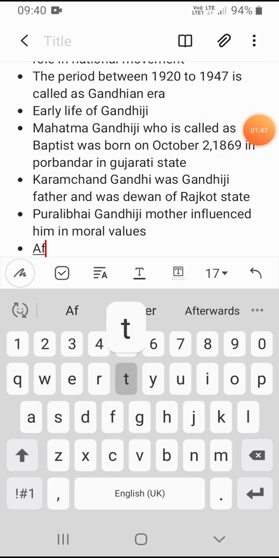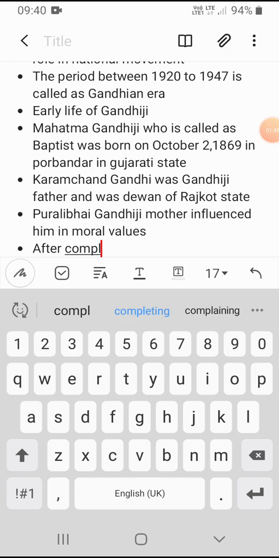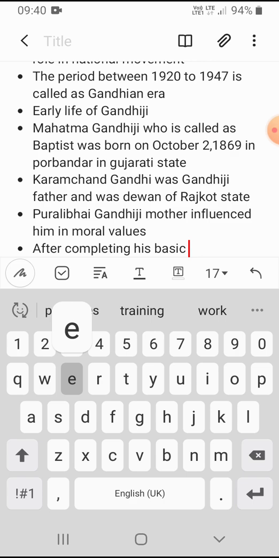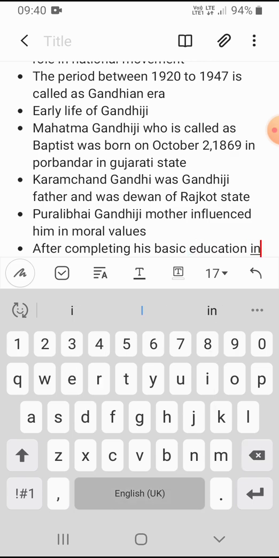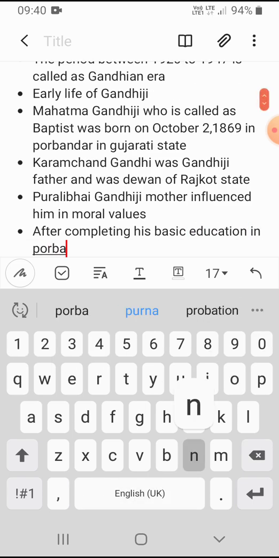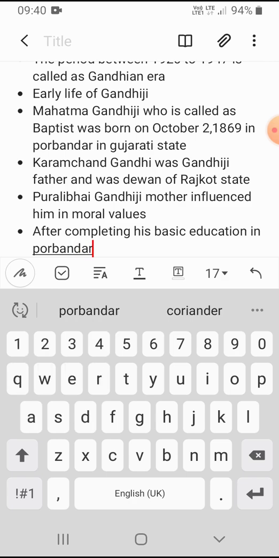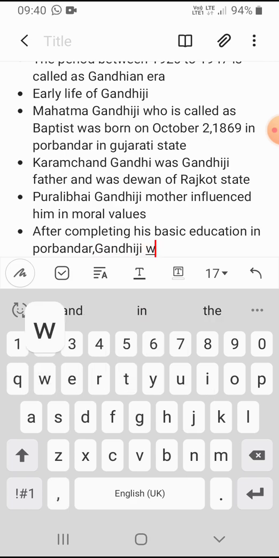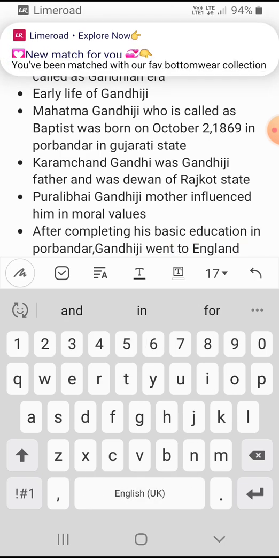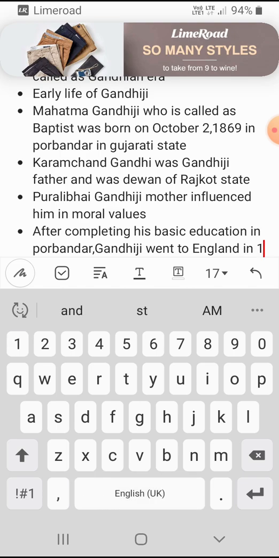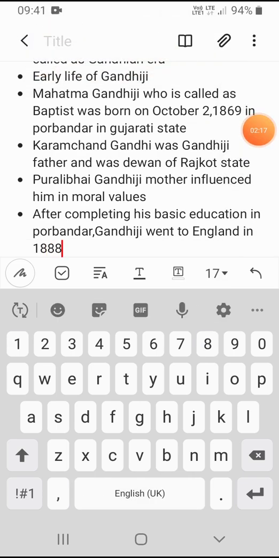After completing his basic education in Porbandar, Gandhiji went to England in 1888 for law education.